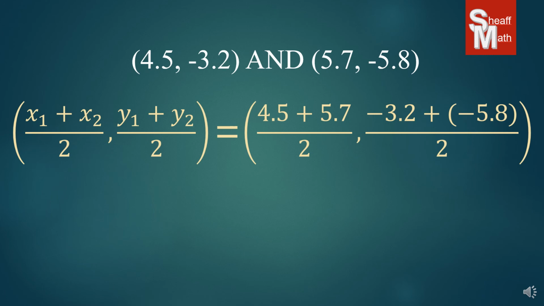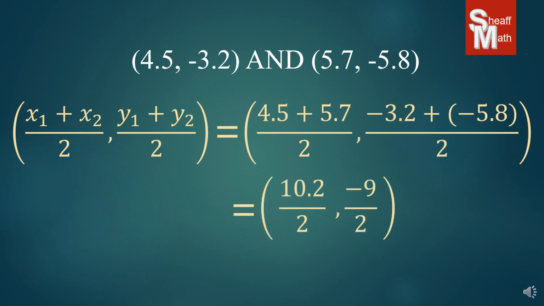Notice that I put the -5.8 in parentheses just so you know that we're adding negatives together. After you simplify that, you get 10.2 divided by 2 and -9 divided by 2. What you get after you simplify those is (5.1, -4.5), the midpoint between those 2 points.